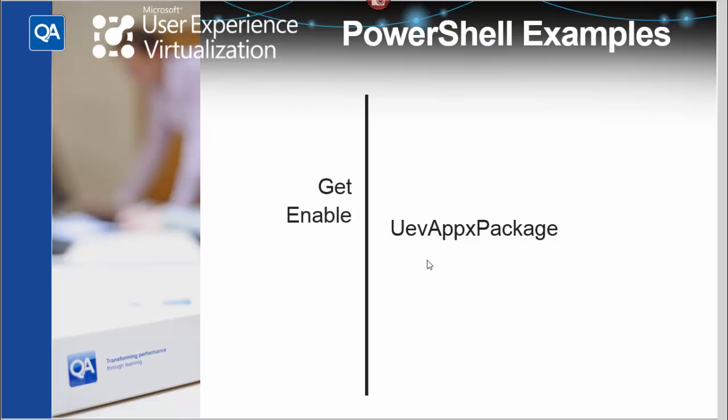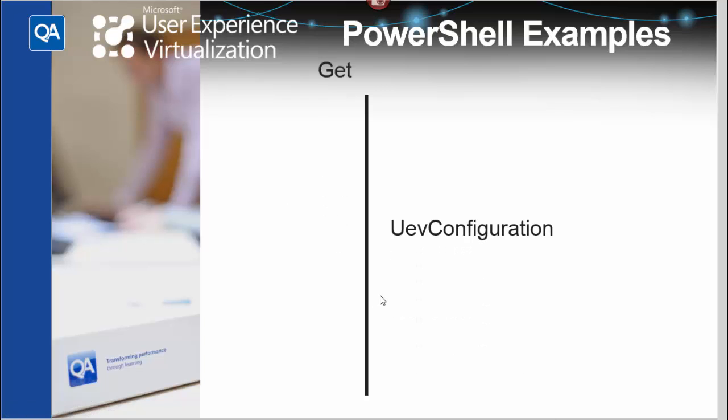Now I have a number of verbs that I can run against the UEV AppX packages. I can get, I can enable, I can disable, and I can clear the options there. So remember the AppX packages, these are our Windows 8 packages, so I can get a list of configuration for the AppX packages. We can enable them, we can disable them, and I can clear the current setting so it goes back to default.